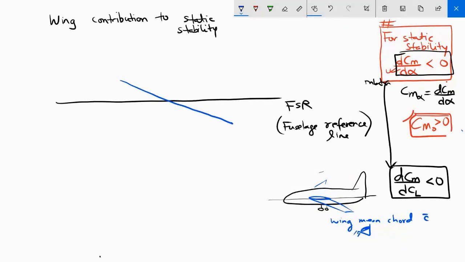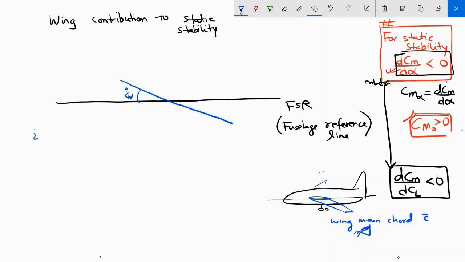Now, the angle at which this mean chord is set with respect to the fuselage reference line is written as IW.